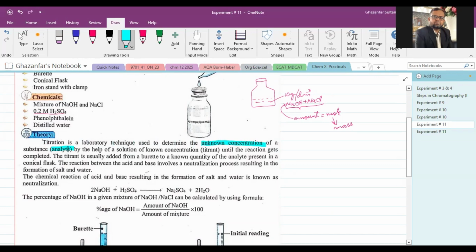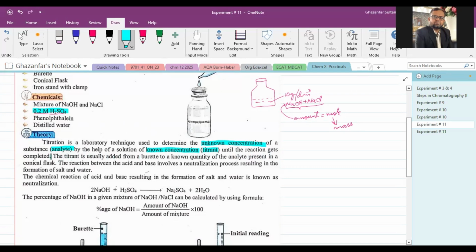Analyte is the substance whose concentration is going to be determined with the help of a solution of known concentration that is known as titrant. So here the titrant is sulfuric acid. We know its concentration, it is given here, 0.2 molar, until the reaction gets completed.